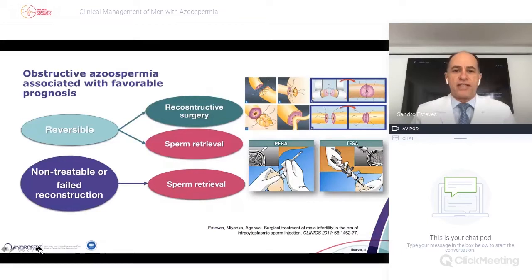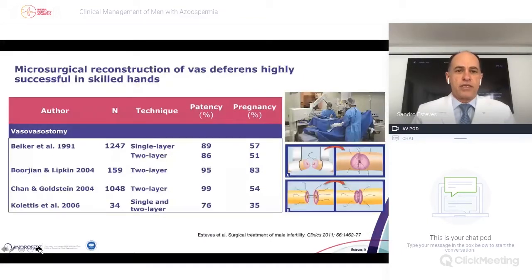Microsurgical reconstruction of the vas deferens is highly successful in skilled hands. We have, for instance, the possibility to do microsurgical vasovasostomy or microsurgical vasoepididymostomy with good patency rates that can go up to almost 100% in certain circumstances, and pregnancy rates varying from 35 up to 80%.